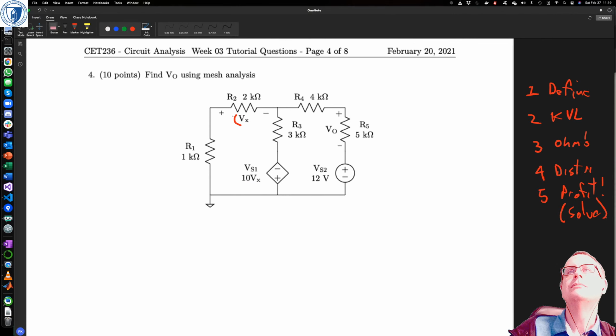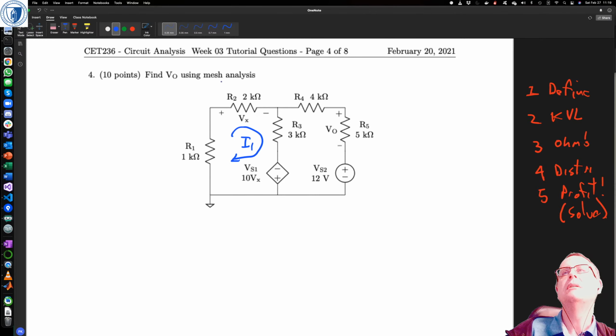Yeah, I can go through. So I did clockwise I1 and I2. Both clockwise.